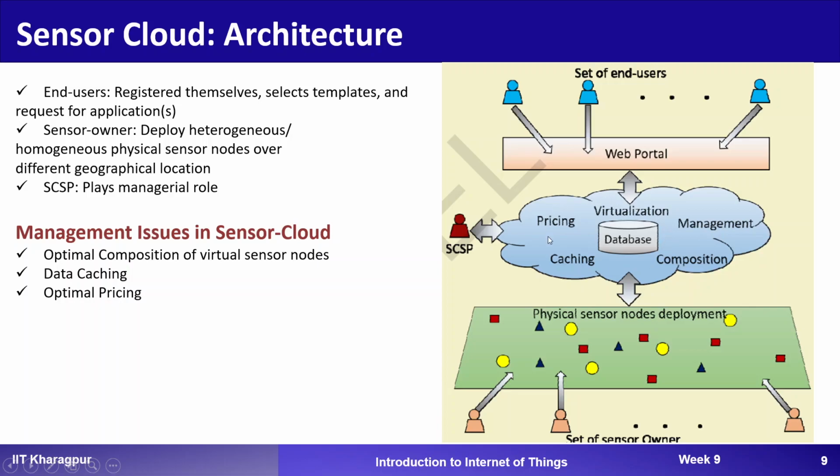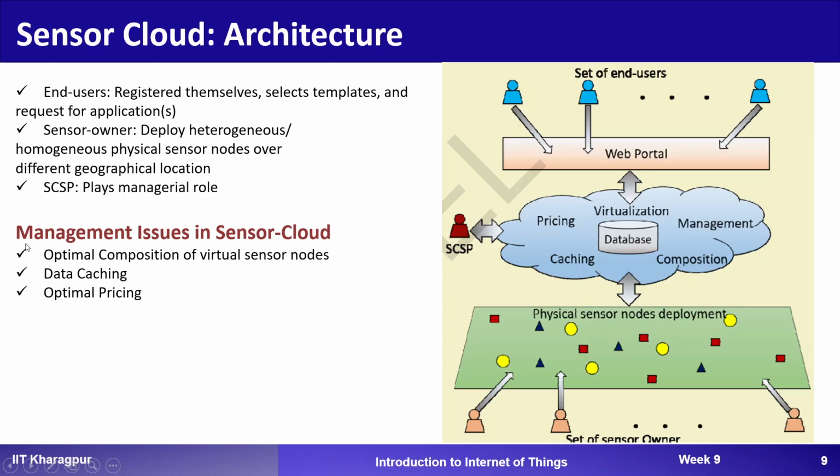All the managerial activities are done by your SCSP. And the third layer is your sensor layer, and these sensors are the physical sensors which are deployed by your sensor owners. There are various sensor owners who will deploy their sensors in the sensor layer, and further the management of these sensors is done by your SCSP, and the set of end users will further utilize the data of these sensors.